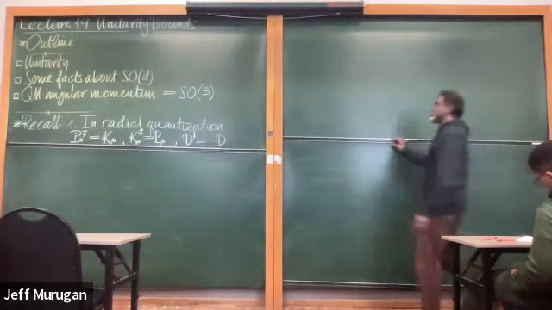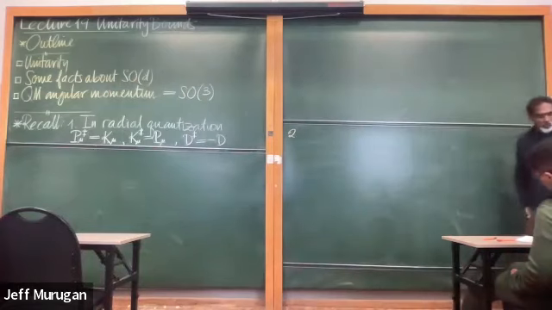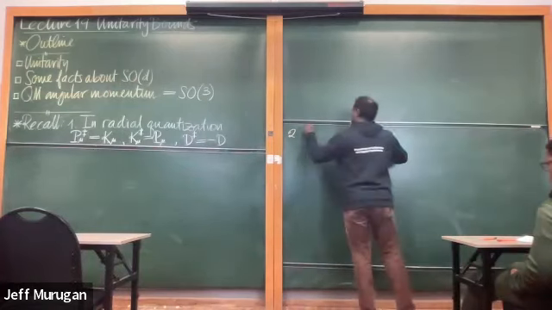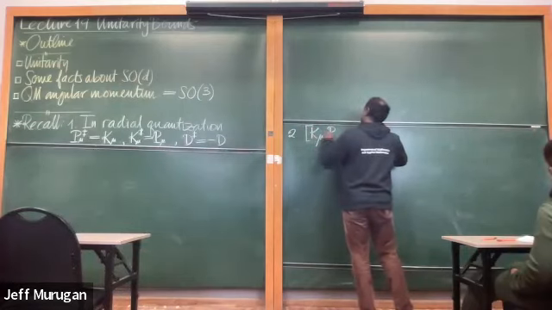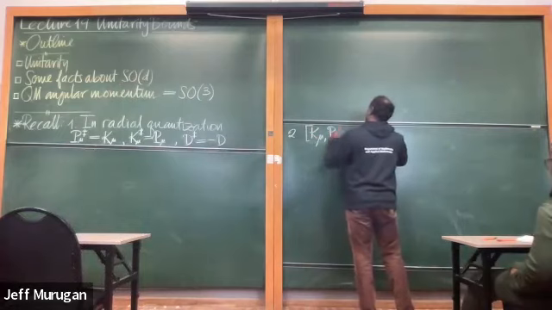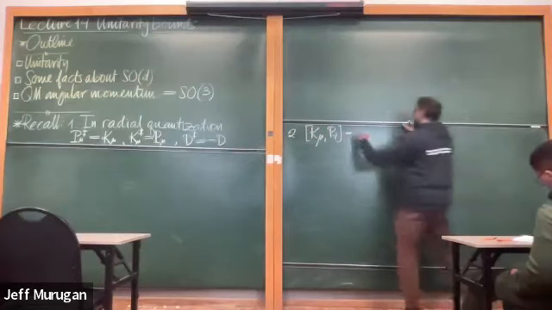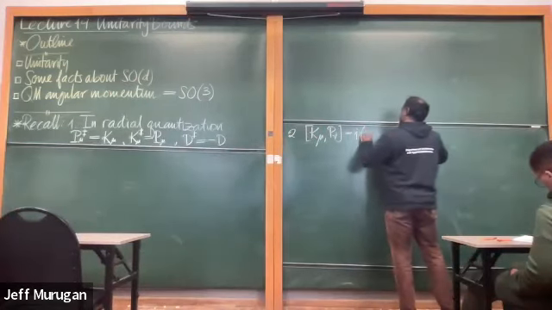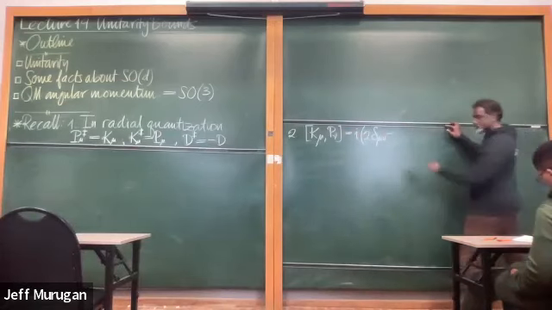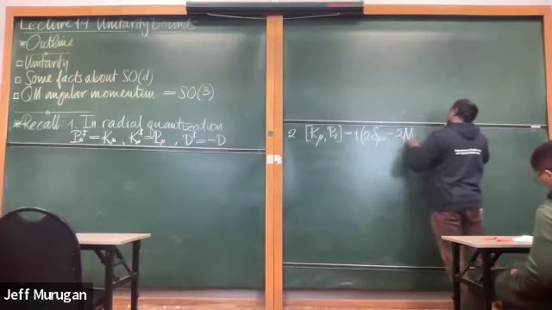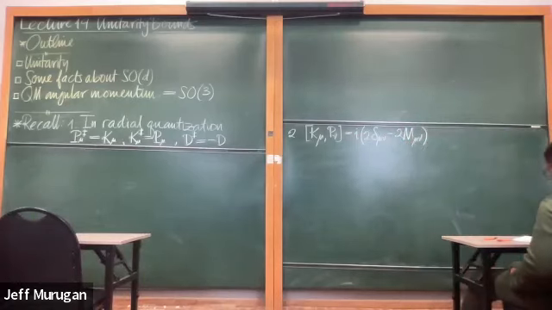Point number two that we need to keep in mind is that by the conformal algebra, the commutator of K mu with P nu is just i times 2 delta mu nu D minus 2 times the generator of Lorentz transformations.